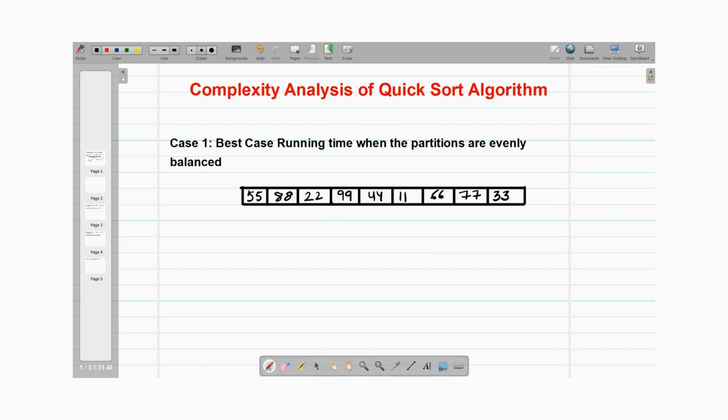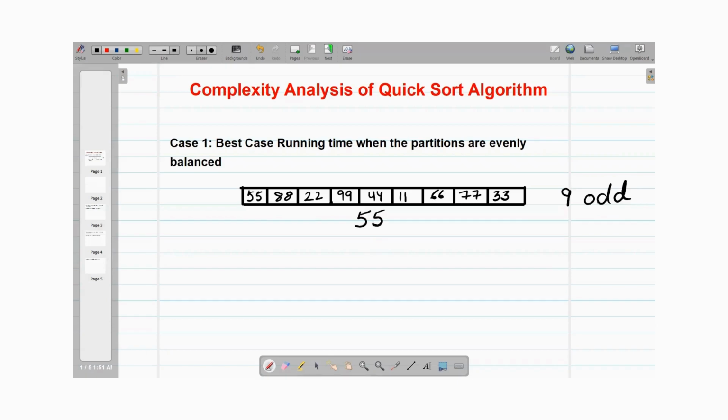In the best case, we are saying that the partitions are evenly distributed. For example, I have this array with 1, 2, 3, 4, 5, 6, 7, 8, 9. So there are 9 elements, which is odd. If I have an odd number of elements, that means my pivot is at the middle.